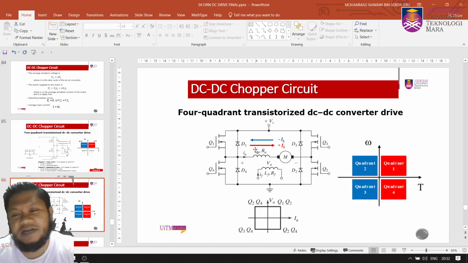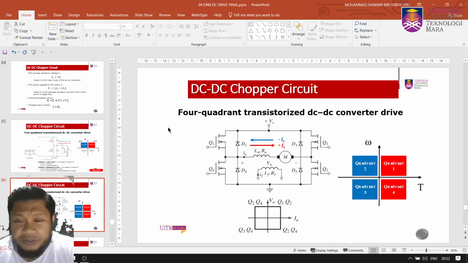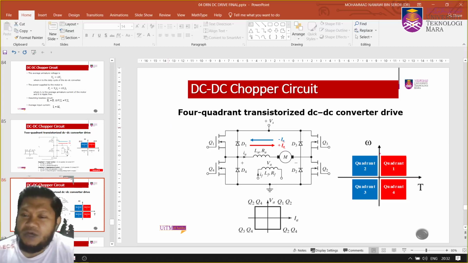4-quadrant transistorized DC-DC converter. In this 4-quadrant converter, you're going to add another 2 transistors or MOSFETs here, and therefore you can work for 4-quadrant operation. So for the voltage here, you can have a positive voltage as well as a negative voltage across that.